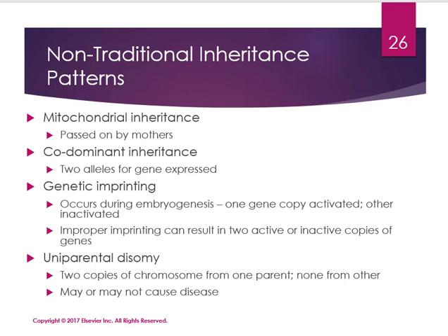Non-traditional inheritance patterns include mitochondrial inheritance, and this is passed by mom as mitochondrial mutations, as only eggs contribute to the mitochondria in the developing embryo. Examples of this genetic disorder include myoclonic epilepsy.